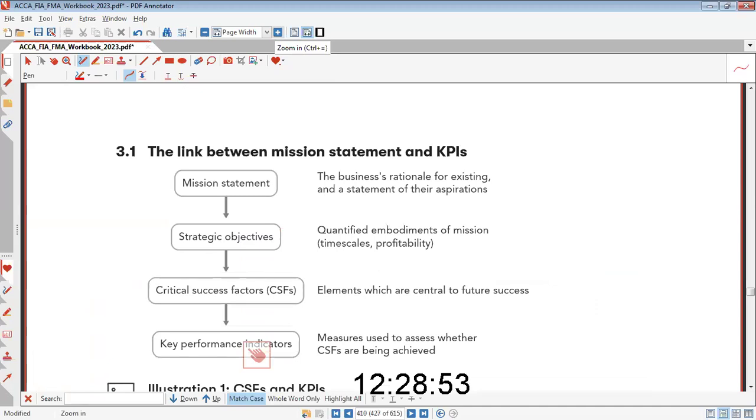So the critical success factors will also inform what we call our key performance indicators. Like a critical success factor is passing. The key performance indicator is about 50%. I hope now we are getting the difference. We said mission is to become a super accountant or a finance guru. That's like long term, 15 years.